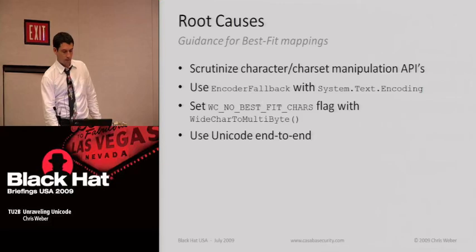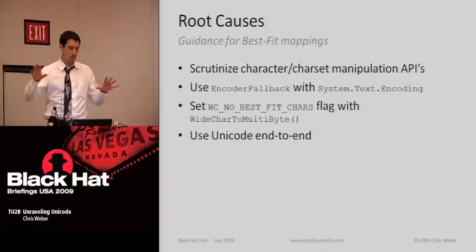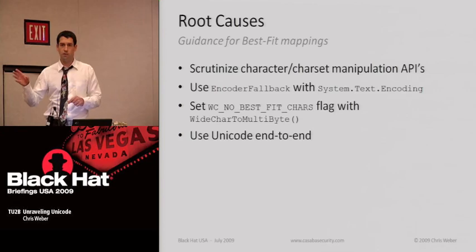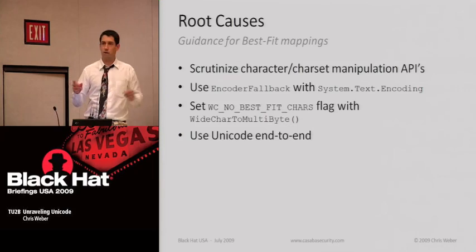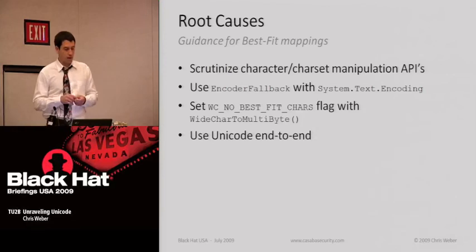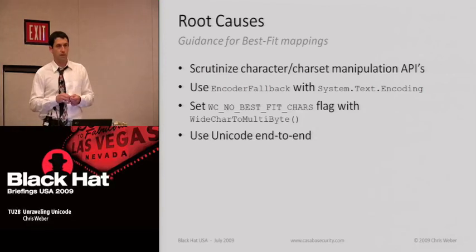Now, best fit mappings are pervasive. They're different among different vendors. Database vendors, operating system vendors, web apps, everybody can do it a little differently. Oftentimes you find best fit mappings occur in core libraries like .NET or some of the Win32 APIs, in Java, ICU.